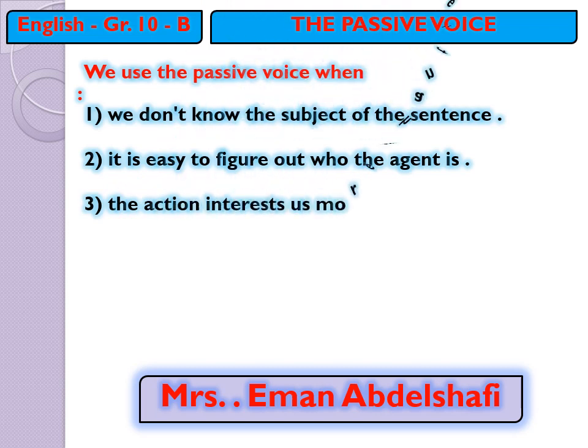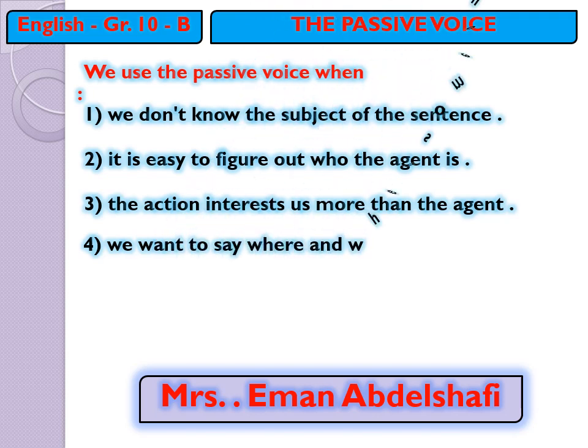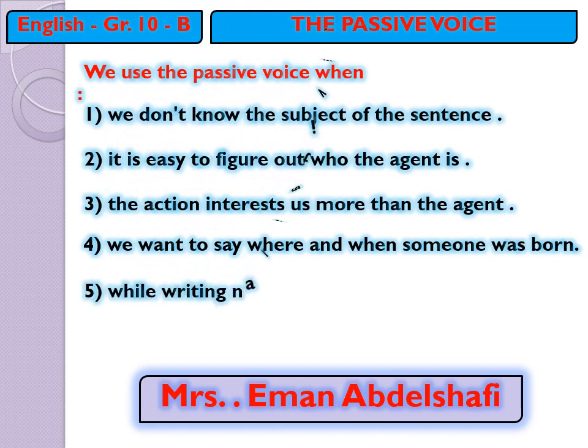Third, when the action interests us more than the agent. Fourth, when we want to say where and when someone was born. Fifth, we can also use the passive while writing narratives.